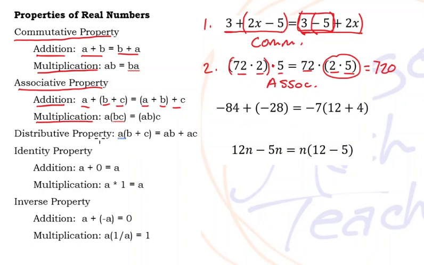This is the distributive property. The distributive property deals with multiplication and addition put together. So there isn't a separate multiplication or addition distributive property. It's just one. And it deals with the situation when you are multiplying by a sum.